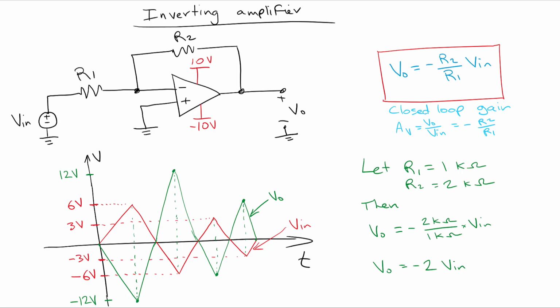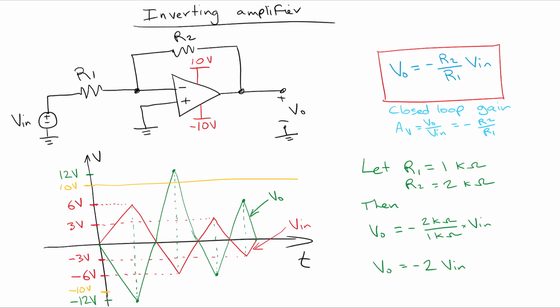Our output cannot exceed the supply voltages. So we're going to have a threshold up here, let's call that 10 volts, and a threshold down here, let's call that minus 10 volts, where the output cannot cross that value.